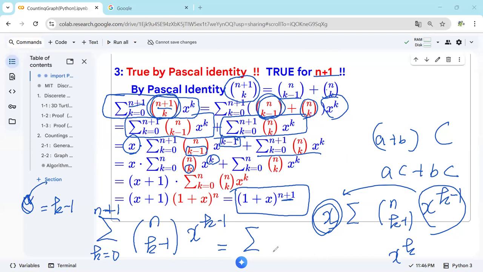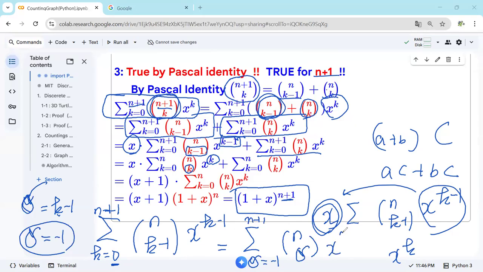Then the smallest value, the k is 0. If this k is 0, the starting apple value is minus 1. So this is equal to the sum of apple from minus 1 to n plus 1, n choose apple, x to the apple.